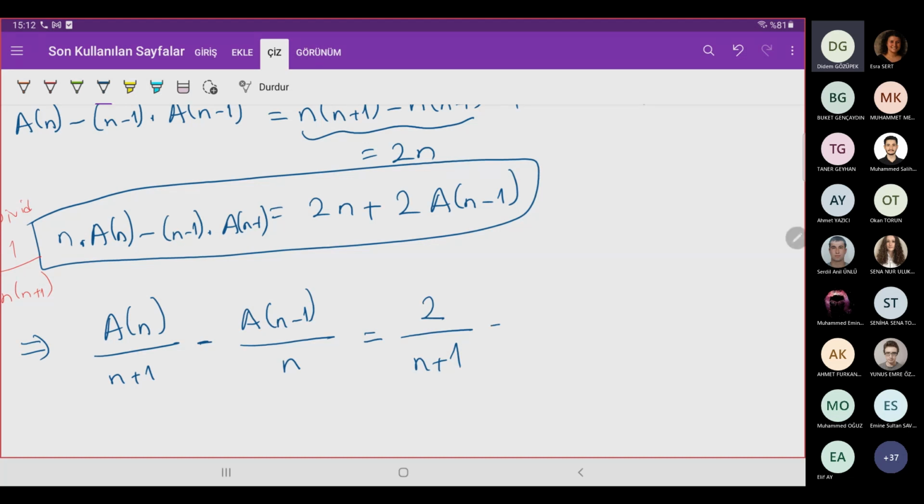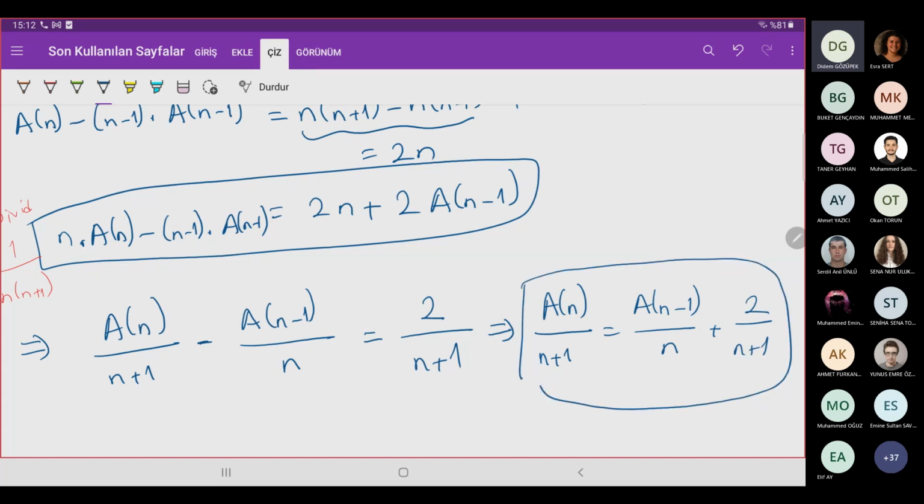So this means that a(n) over n plus 1 is equal to a(n-1) over n plus 2 over n plus 1.